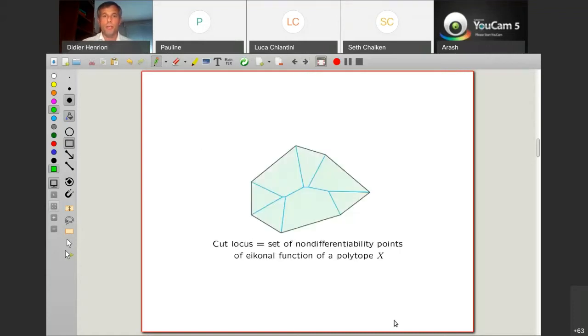You can imagine in more dimensions that the geometry can be intricate. So for example, if instead of x in R, I have x in R2, and my set X is a polygon, here a two-dimensional polytope, then the set of non-differentiability points, meaning the set of points for which if you go in one direction or the other direction, you will reach the boundary at the same time.